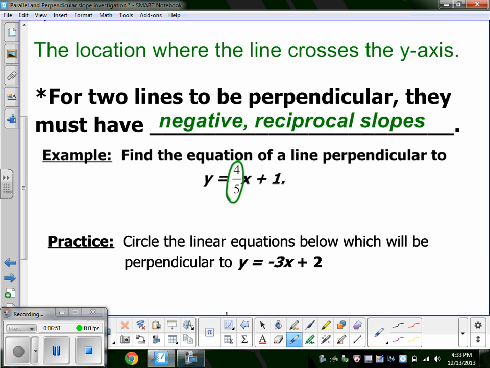Meaning instead of 4/5, we now have 5/4. And then we negate it. The original slope is a positive, therefore our new slope would be a negative. You can fill the rest of the pieces in and choose a y-intercept. Pause the video for a moment and see if you can come up with two equations of lines that are perpendicular to y equals 4/5 x plus 1.